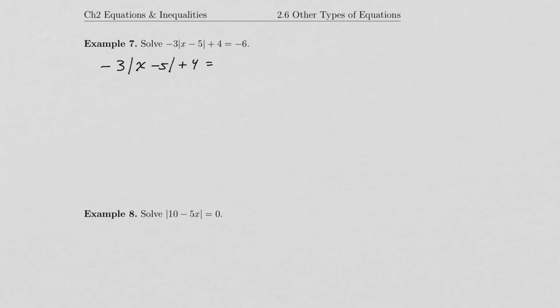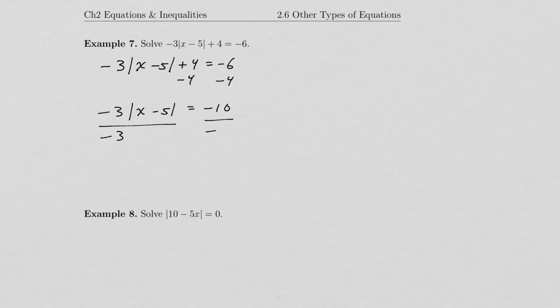I want to get rid of that 4 first, so I need to subtract 4 from both sides. I'm going to end up with negative 10 on the right-hand side. And then I need to get rid of the negative 3. The absolute value piece of it is being multiplied by negative 3, so to undo that, I'm going to divide by negative 3.